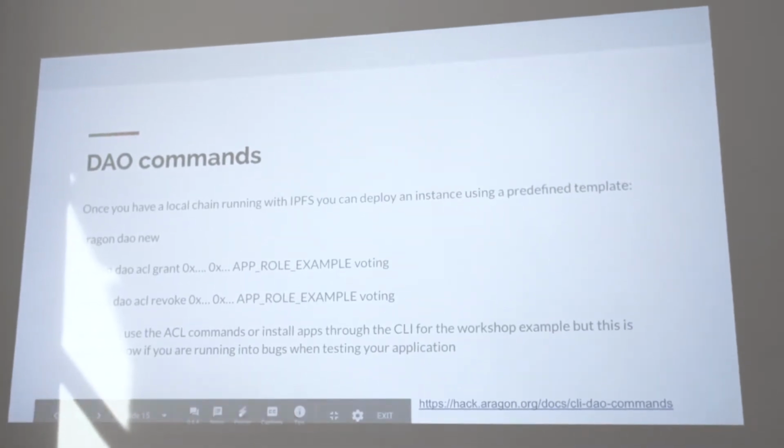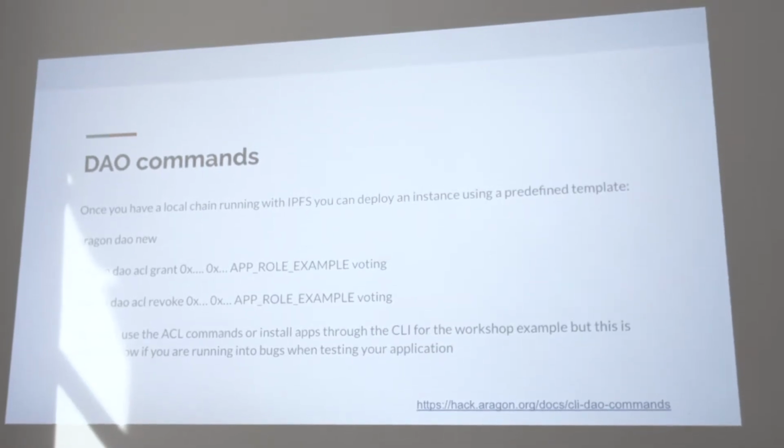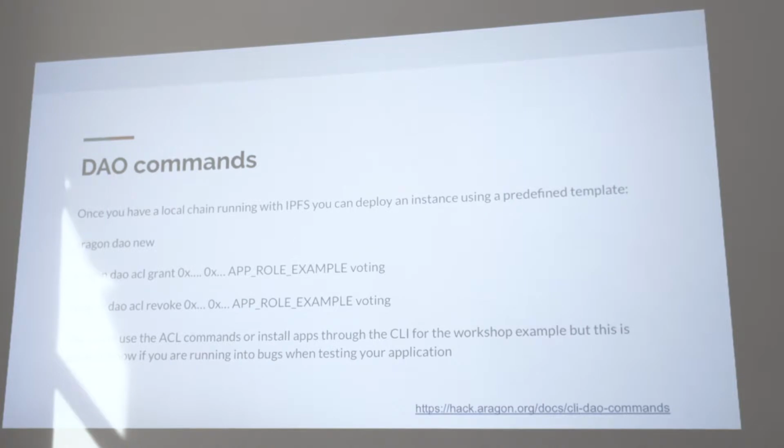Cool. So DAO commands. If you want to just spin up a new Aragon DAO with the default template, I won't go too much into templates, but essentially a template is a smart contract that configures the permissions and installs apps into your Aragon DAO when you want to launch a new one.